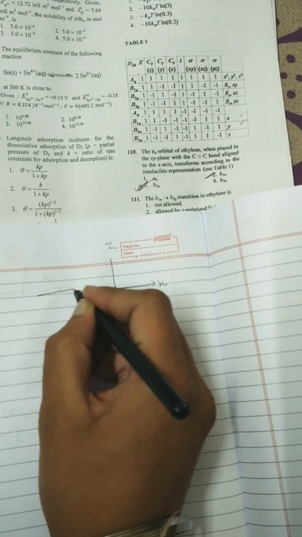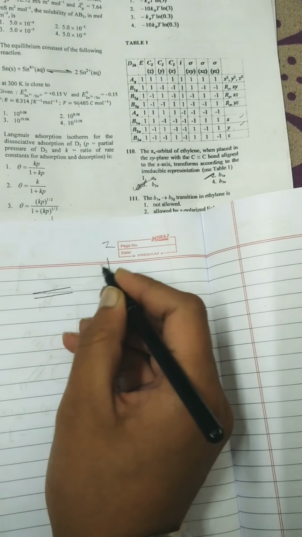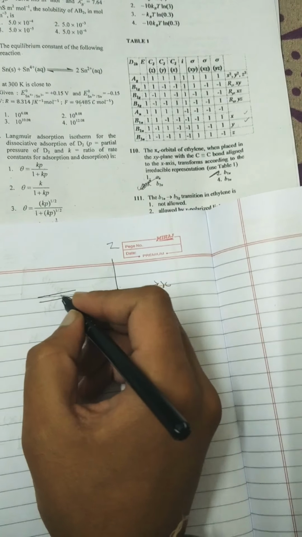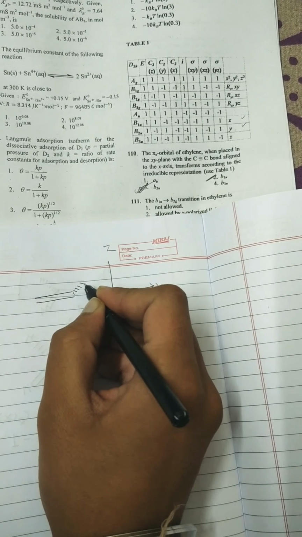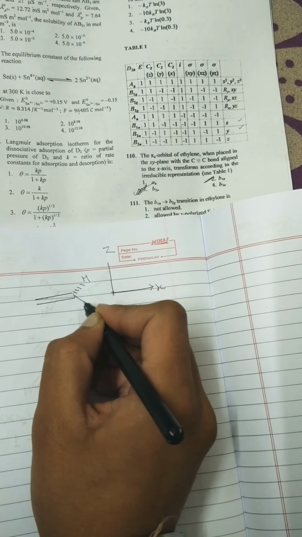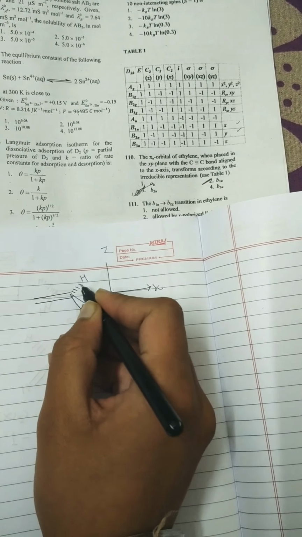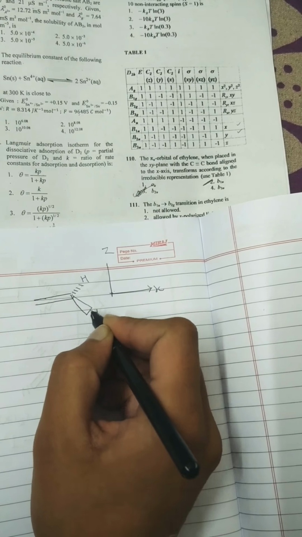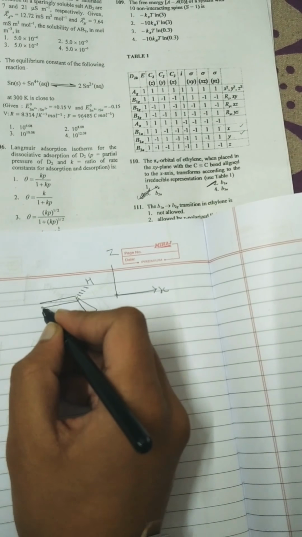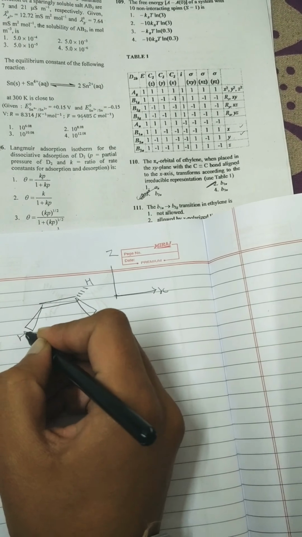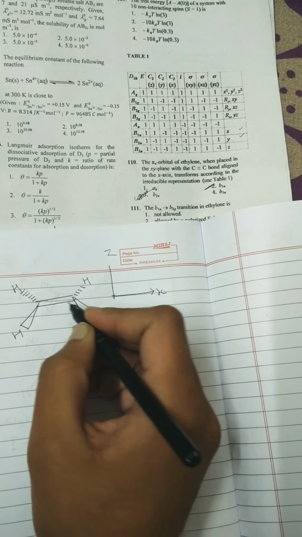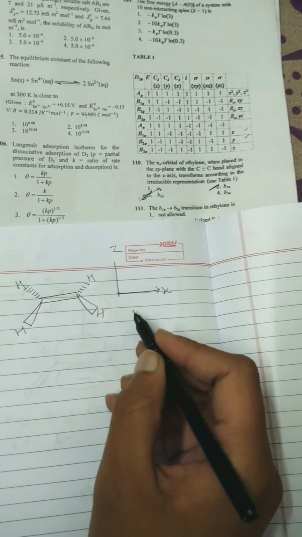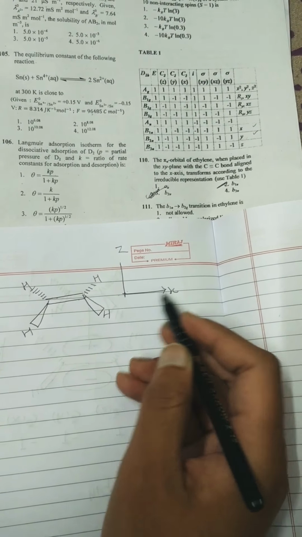Now I will place my molecule in the manner they ask, in the xy plane. If the molecule is in the xy plane, then the hydrogen atoms should also be in the xy plane. This one is downward below the plane, this one is upward side. So this is the molecule, and the pi bond is along the x-axis.